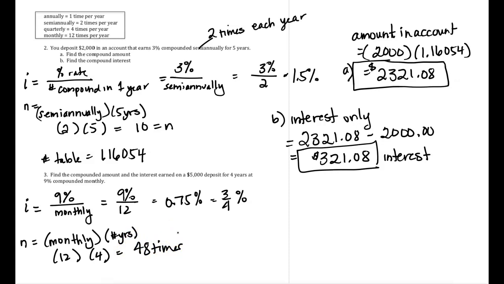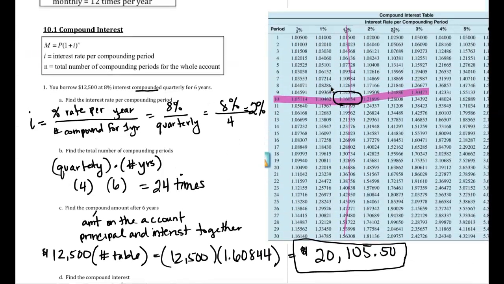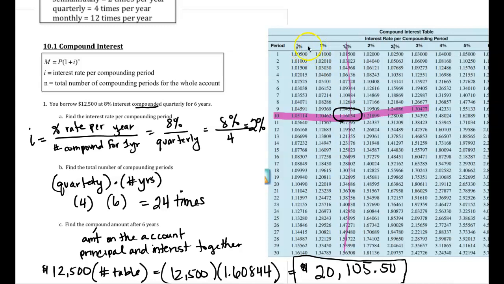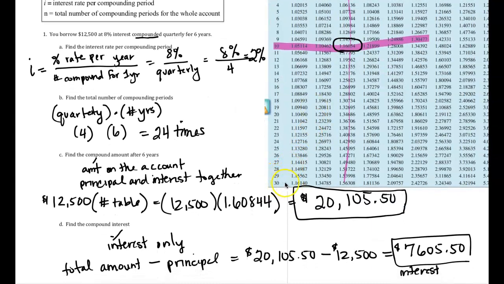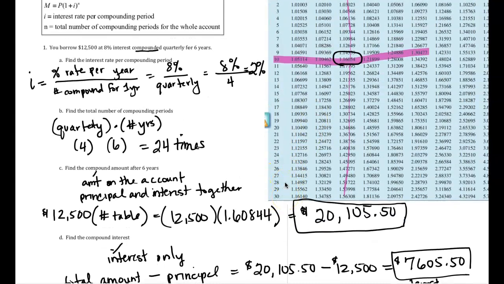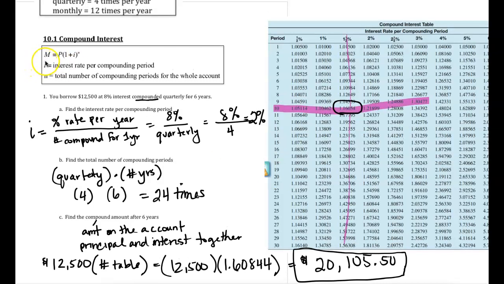Let's go back to that table and find the 3/4% column and also the row 48. Going back, I don't see a 3/4% column. I see a 1/2 and I see a 1, and also our chart ends at 30. So what we're going to do when that happens is we're going to use the original formula.